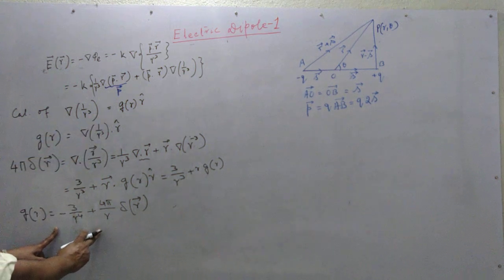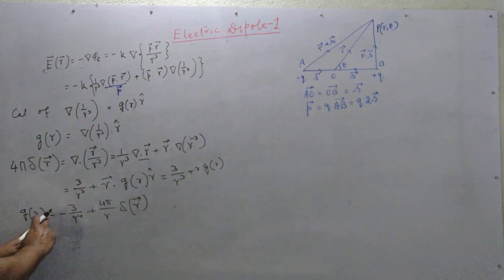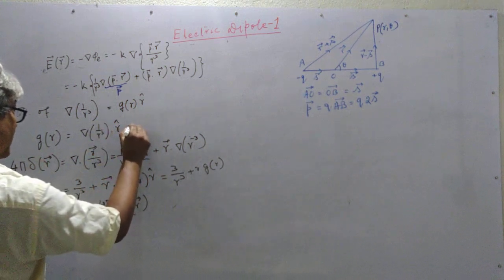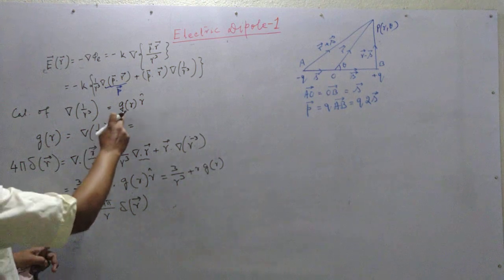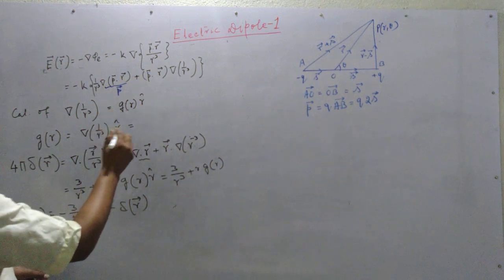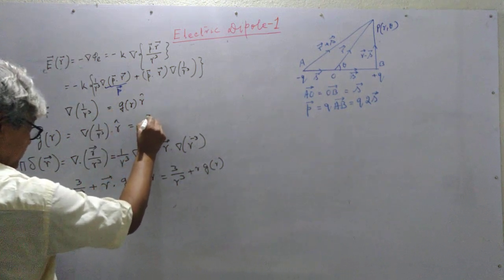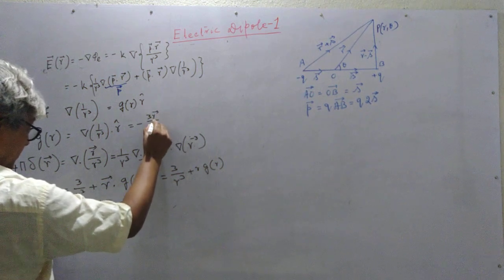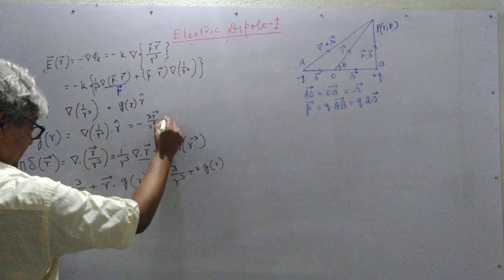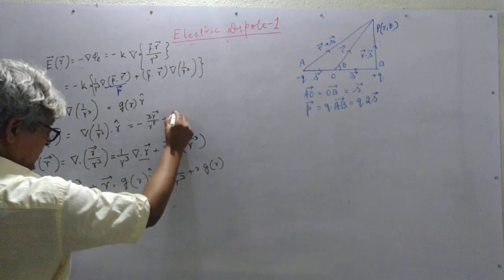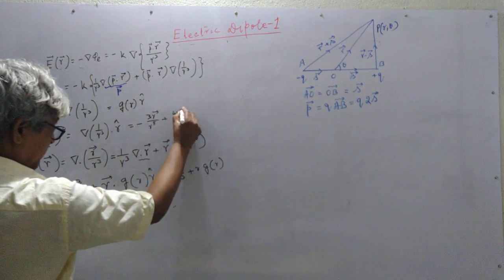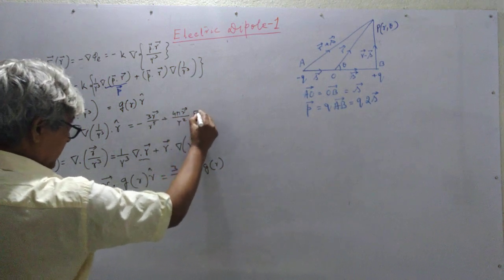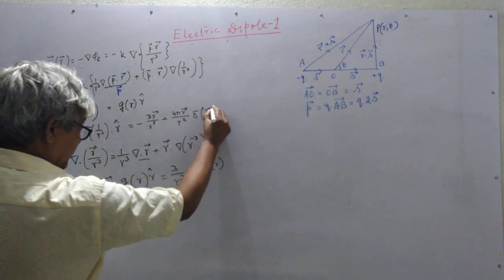This should be multiplied by r cap to get g of r, and if we write instead of r cap, r vector by r, this is minus 3 r by r to the power 5 plus 4 pi vector r by r square delta of r.